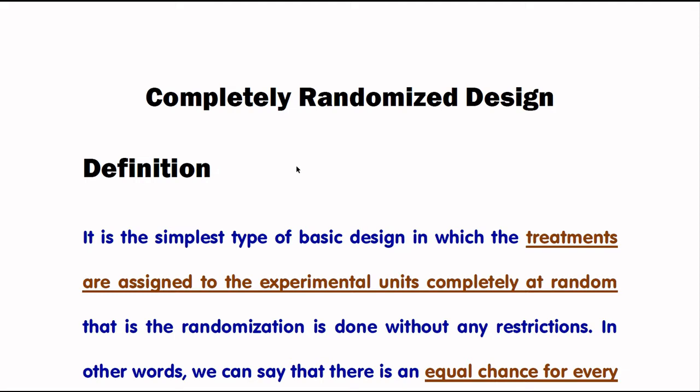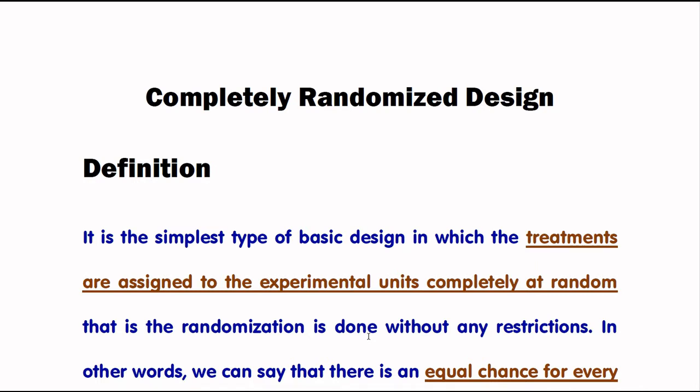Now let's start. Definition. It is the simplest type of basic design in which treatments are assigned to the experimental units completely at random. That is, the randomization is done without any restrictions.